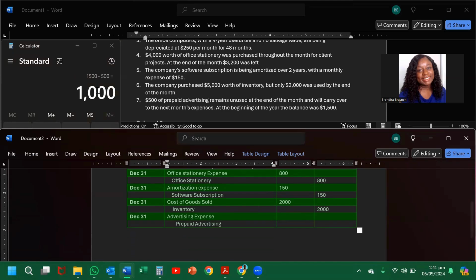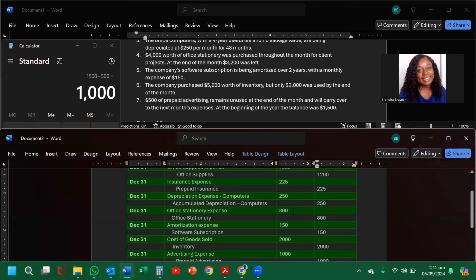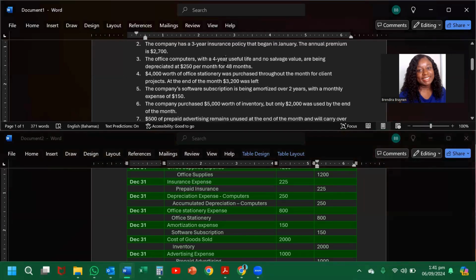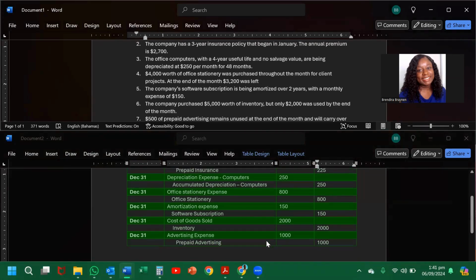And so we're adjusting it by the 1,000. Like I said, as you can see, the situations are slightly different for this question here and this question here involving prepayments, but the adjustment is still the same. The expense is debited, the prepaid account is credited.